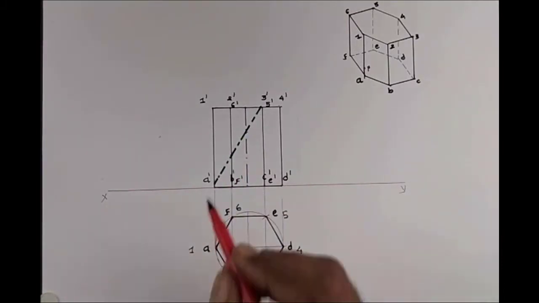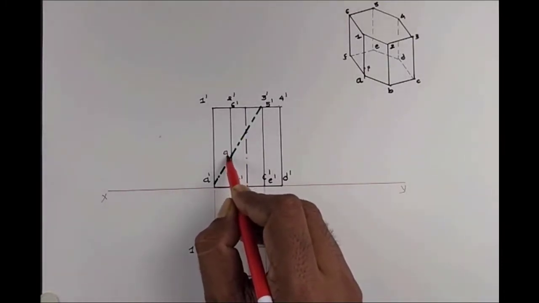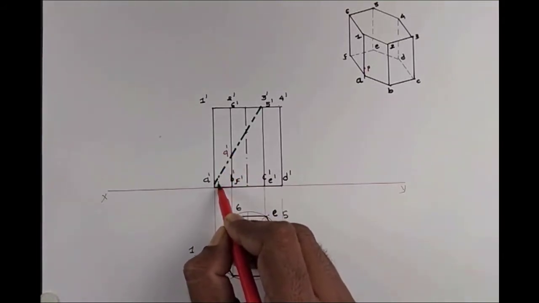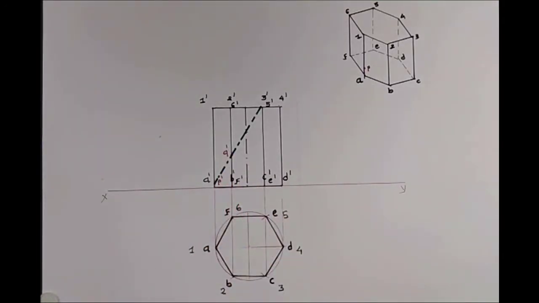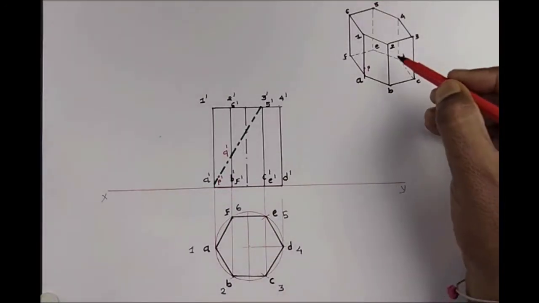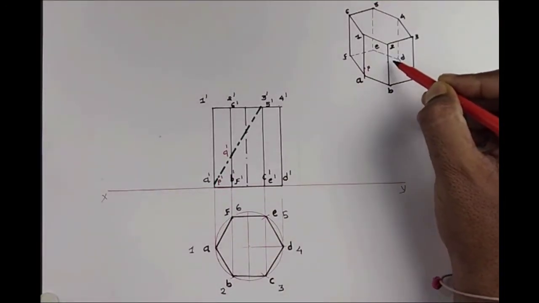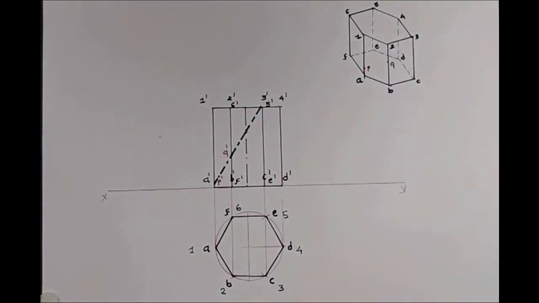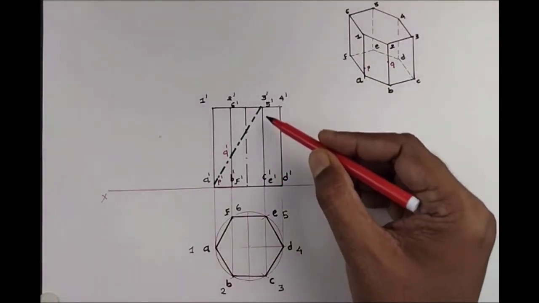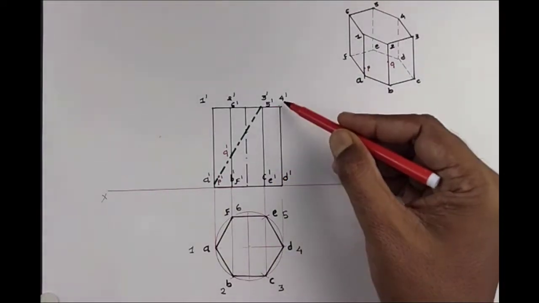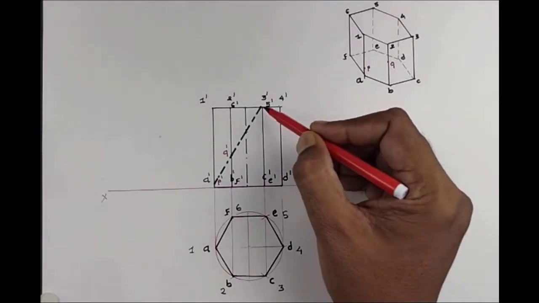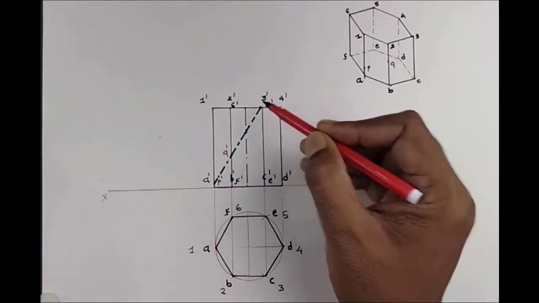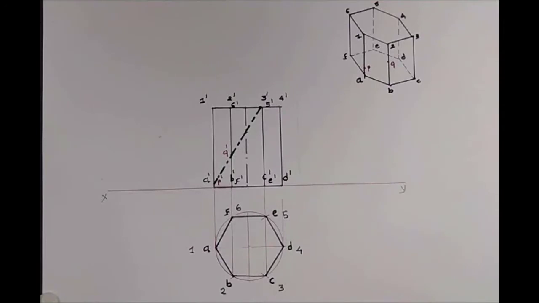Let me mark the Q dash, then Q here on the 3D projection. Then the vertical edge is not cutting here. What is cutting? The upper base is going to cut. The sides 2, 3 and 5, 6 are going to cut.